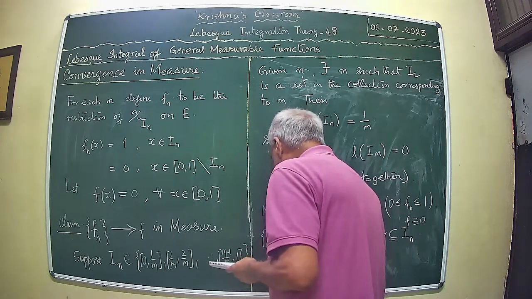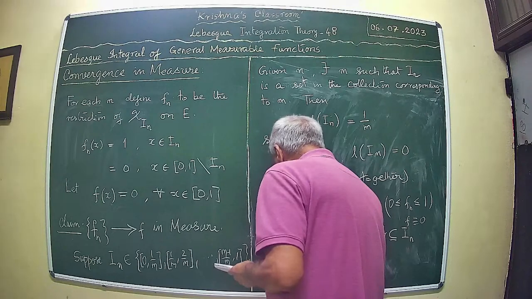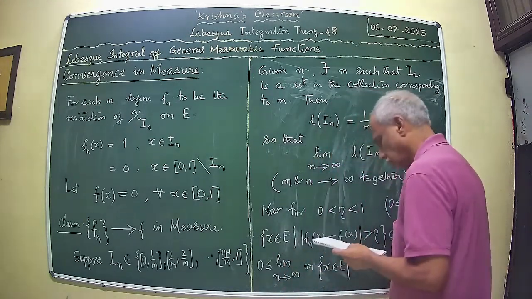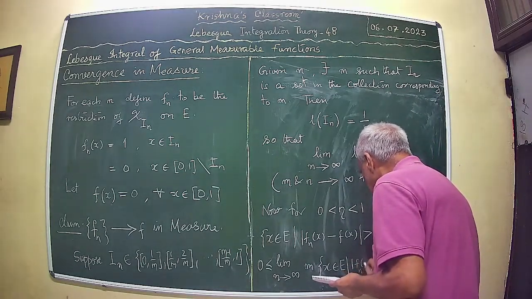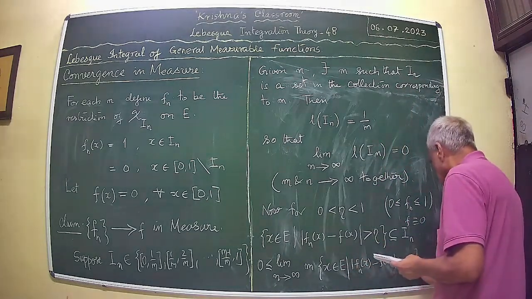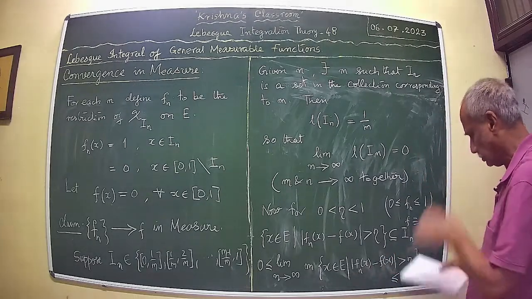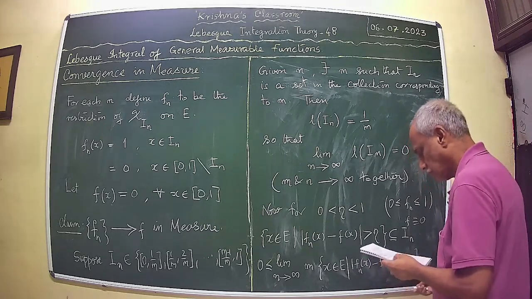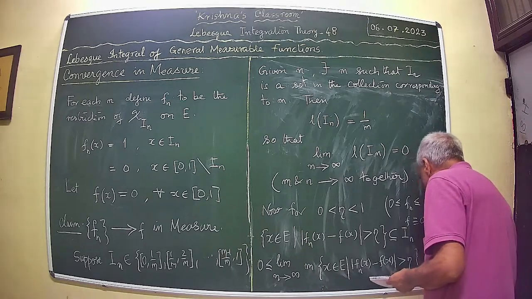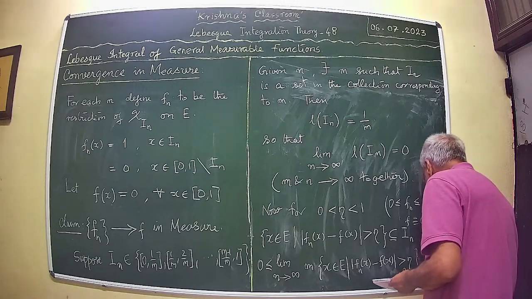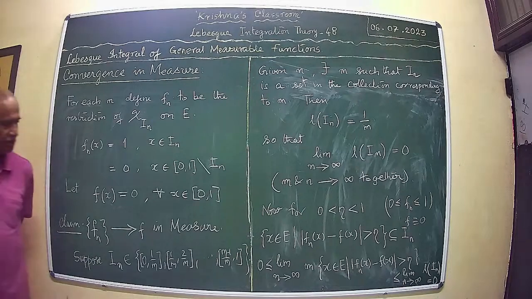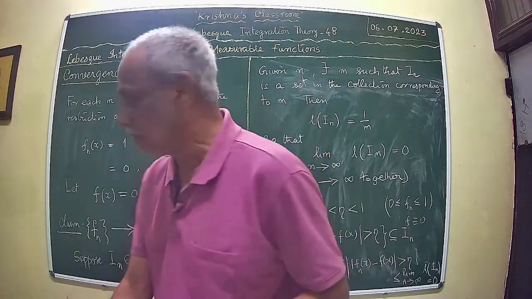And therefore 0 is less than or equal to the measure of that set, which is at most the measure of IN times C. So you have the result for any eta that lies between 0 and 1, you see that this is going to happen.